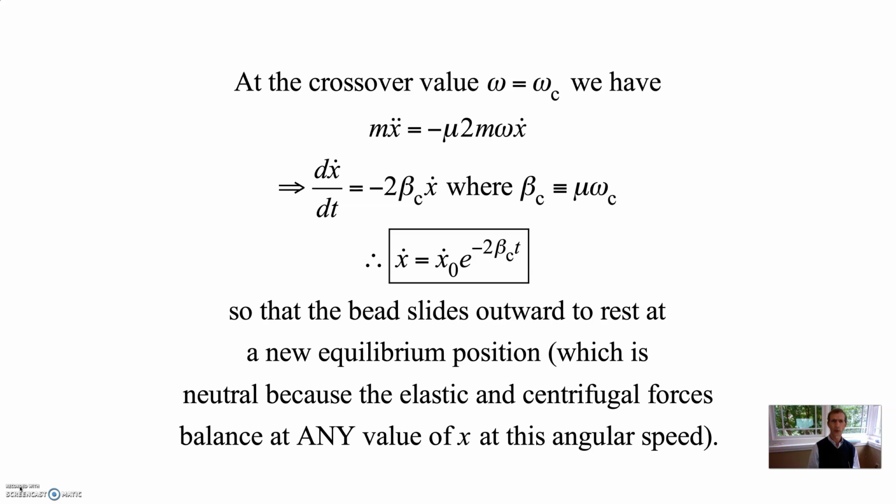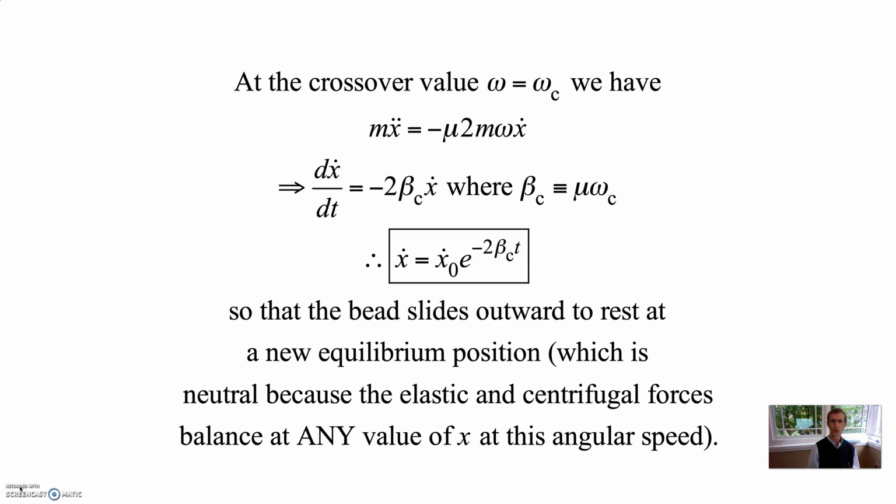But at the crossover value, our differential equation simplifies to the mass times the acceleration simply equals the frictional force. And therefore, writing the acceleration as the time derivative of the velocity, we can easily solve for the velocity by separating and integrating to get that the velocity will exponentially damp away.